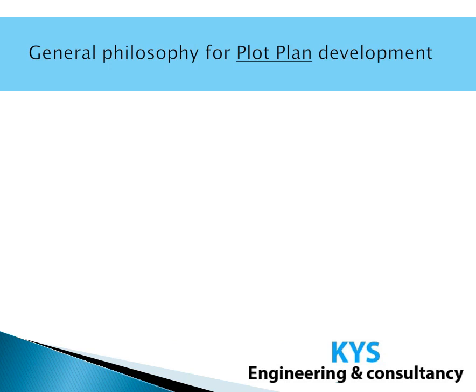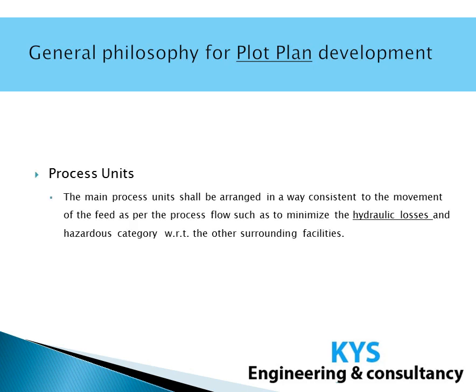Now we'll see the general philosophy that we use while locating the different facilities that are going to come inside the plot area. First we'll see how to locate the process units. In general, the main process unit shall be arranged in a way consistent with the movement of the feed as per the process flow, such as to minimize the hydraulic losses and also the hazardous category with respect to the surrounding facilities.